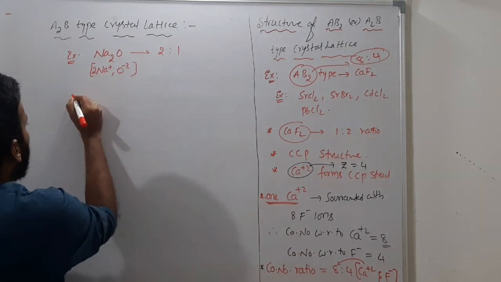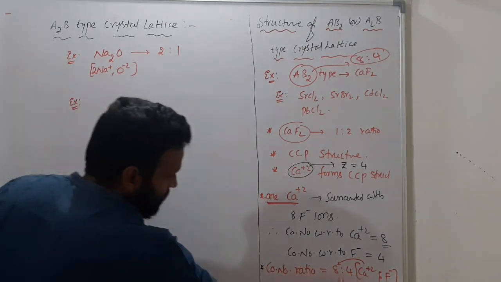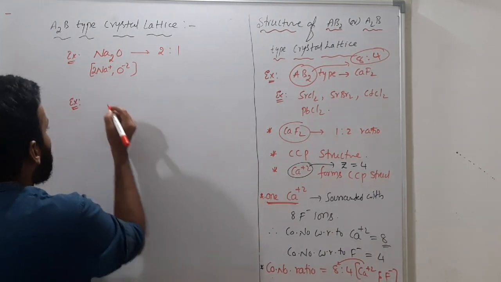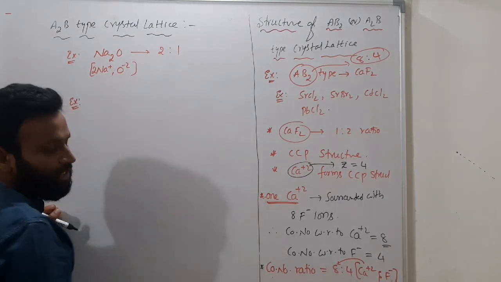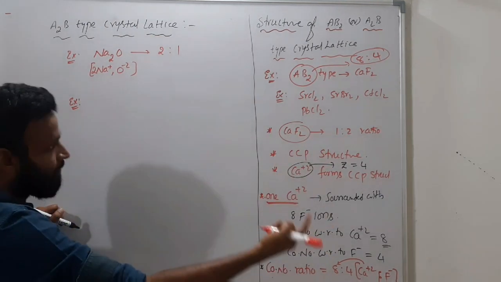Okay, so here Na2O. So here what ratio? 8:4. Now what can you say? The coordination number ratio is 4:8, because 2 sodium ions are sharing 1 oxygen.